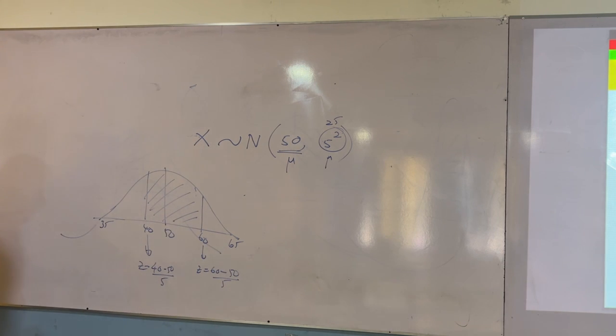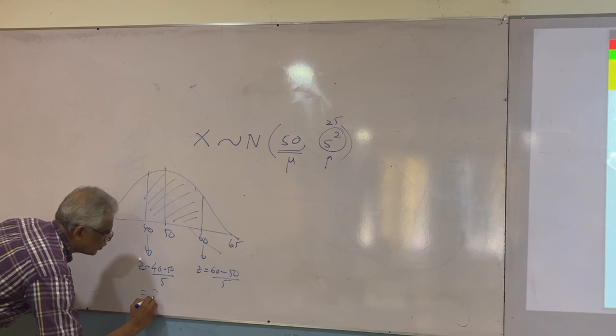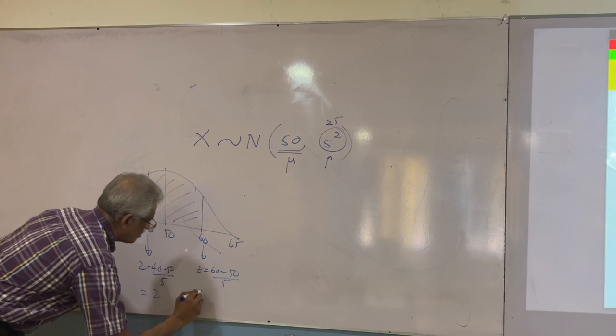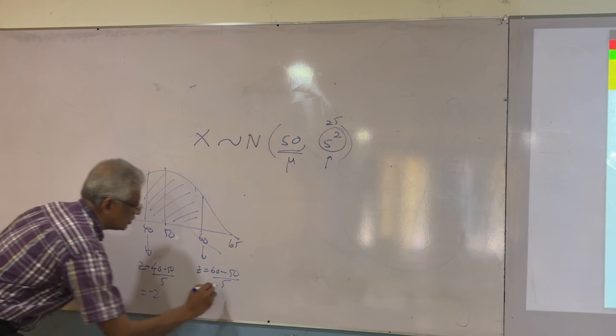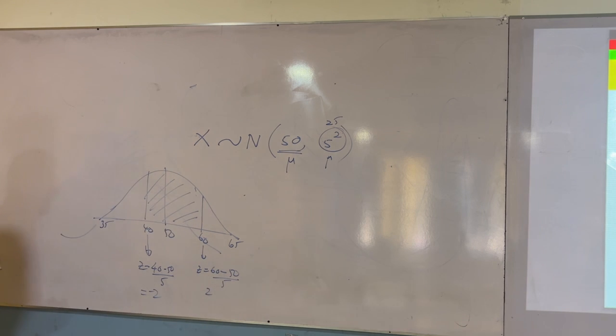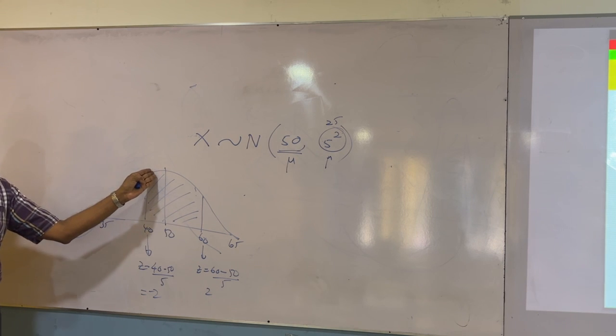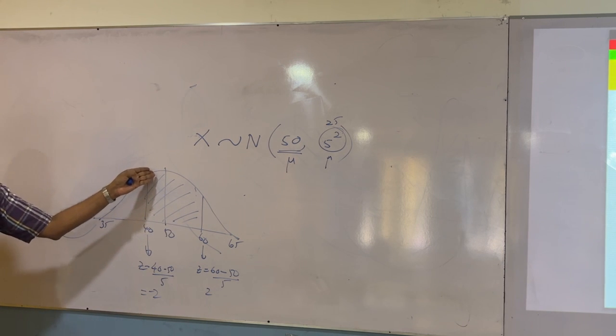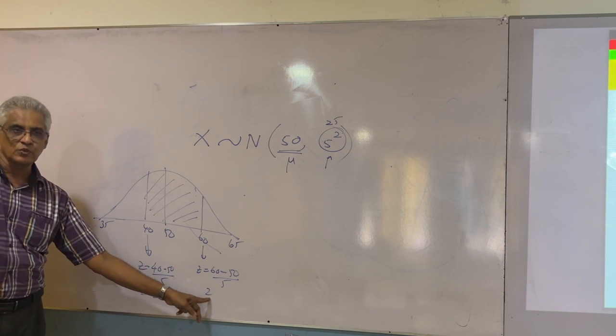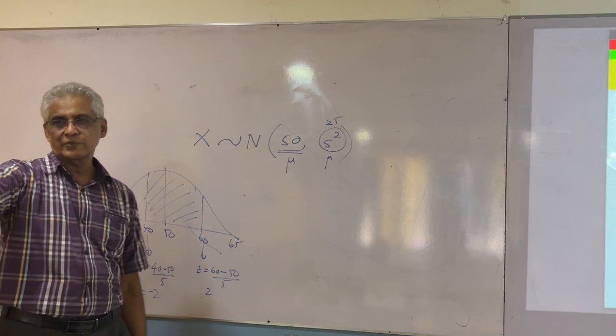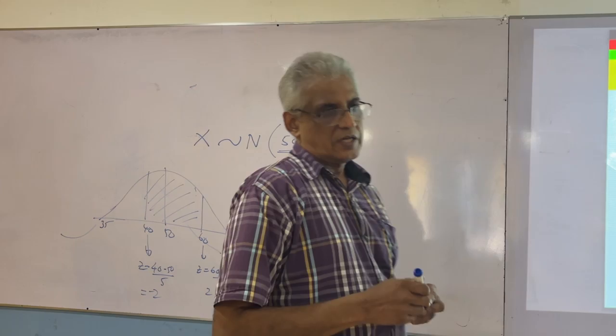The standard deviation is 5. So this is going to be -2, and this is +2. So now instead of finding the area between 40 and 60 for this distribution, what you have to do is find the area between -2 and +2 in the standard normal, and that can be obtained from the table.